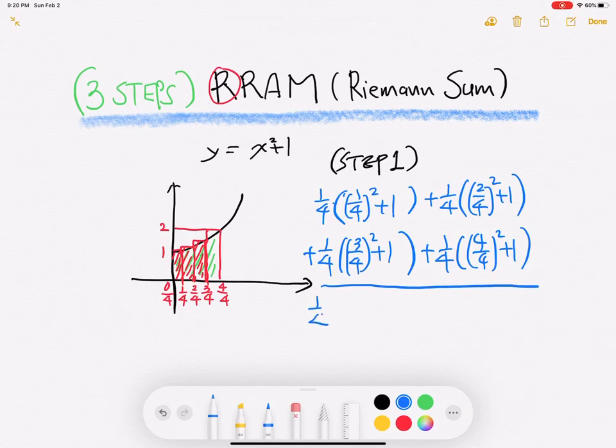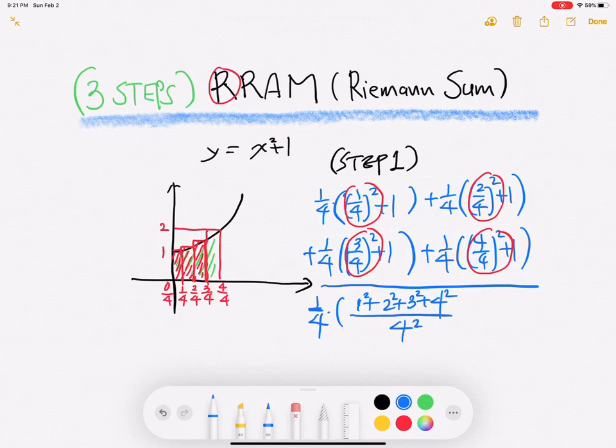Okay, now we find the sum of all four rectangles' areas. 1/4 is a common factor of each part. Then 1 squared over 4 squared, plus 2 squared over 4 squared, plus 3 squared over 4 squared, plus 4 squared over 4 squared. So it's 1 squared plus 2 squared plus 3 squared plus 4 squared, over 4 squared. And then how many ones? 1, 2, 3, 4 ones, so plus 4.